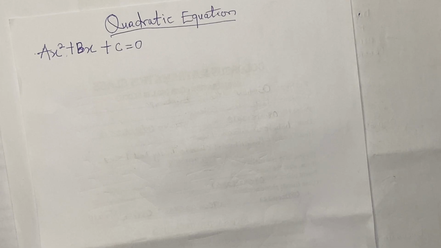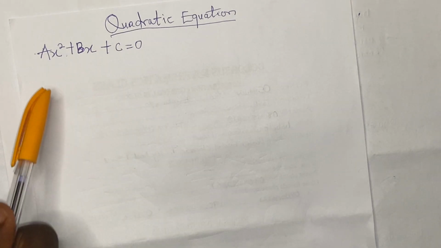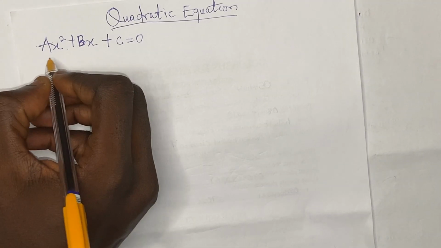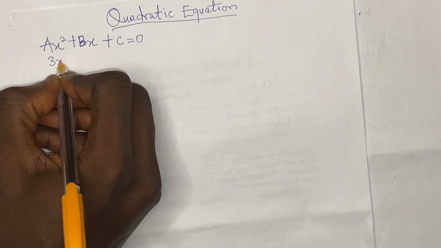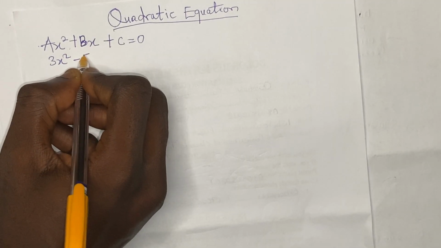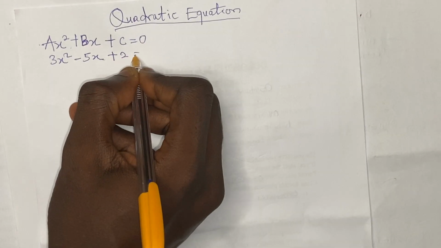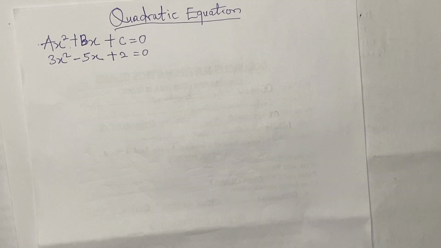If this is the general way of expressing a quadratic equation, this a is a constant, b is also a constant, and c is also a constant. That means a quadratic equation can be of the form, let's say, 3x squared minus 5x plus 2 equal to 0. This is a quadratic equation.